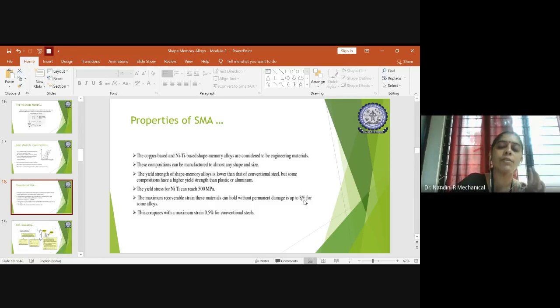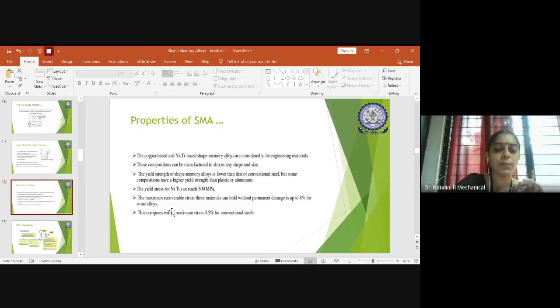This range is not common for all the alloys. For some it can be 2%, for some 4%, but for the majority of the alloys the non-recoverable part is about 8%. That is to say, most shape memory alloys can regain their geometry up to 92%, because 8% is damaged due to non-recoverability of the strain.